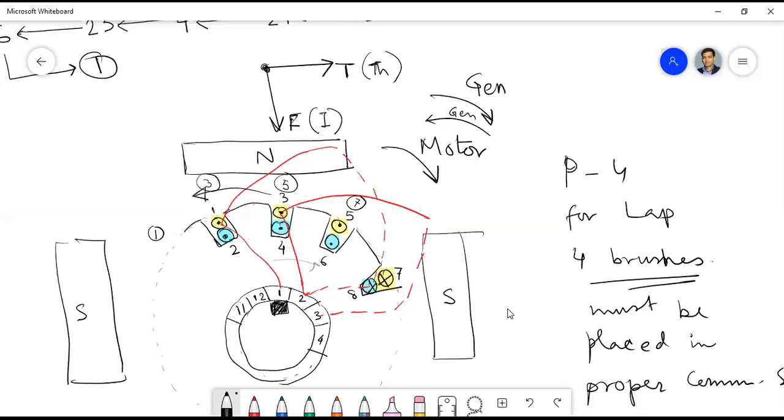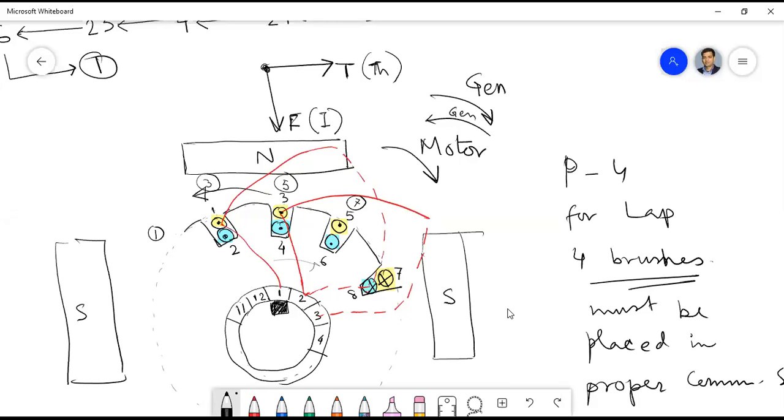Can you tell me? Outward to the plane. That means dot. You are saying dot. Yes, sir. But at this instant it was cross. Yes, sir. So are you sure that it will be dot?